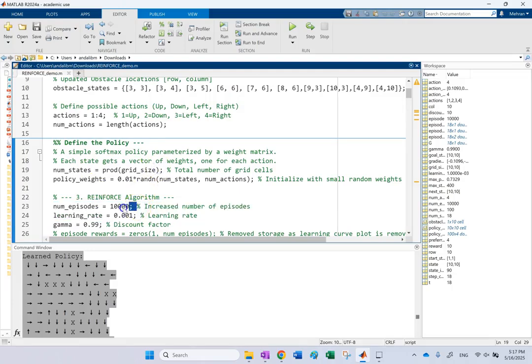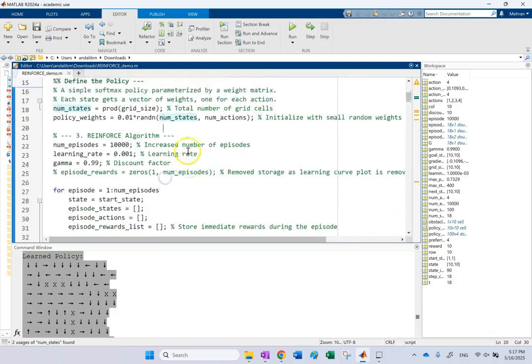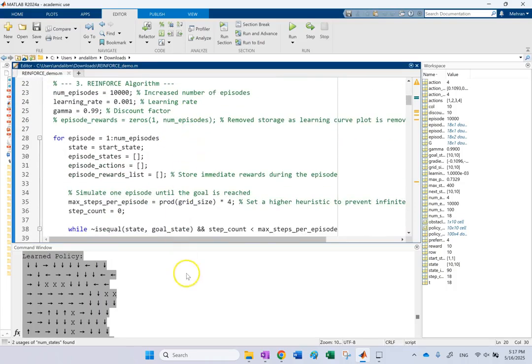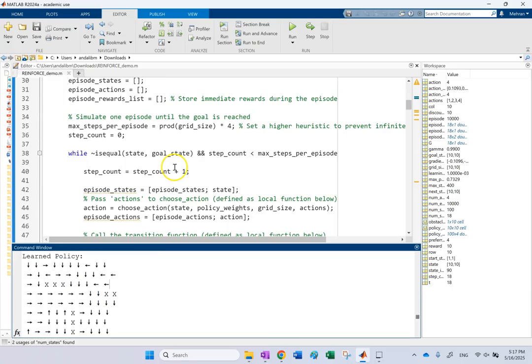So make sure you give it lots of data and let it run for many episodes. Don't give it a big learning rate so it doesn't do big oscillations, and hopefully it can converge to something reasonable. And in general, there are more advanced versions of REINFORCE that do regularization, they add entropy terms and many other things, and we'll talk about that.